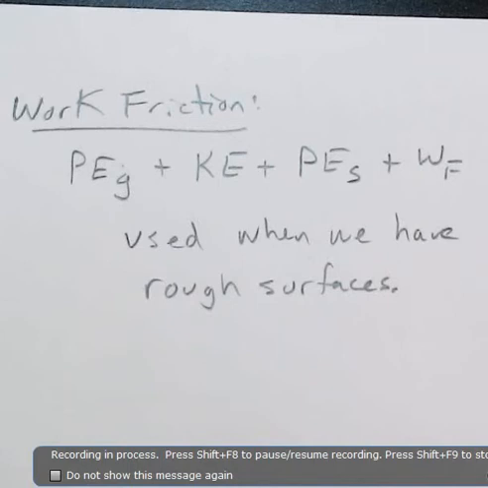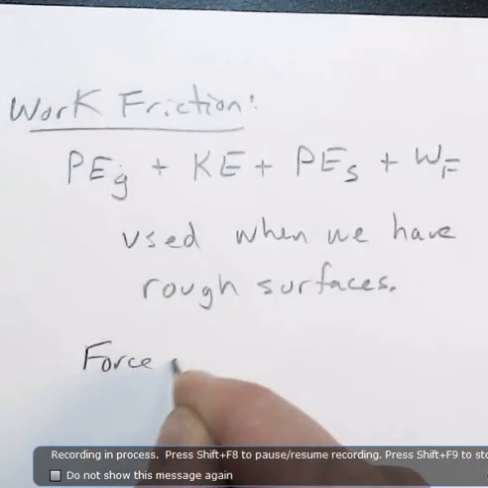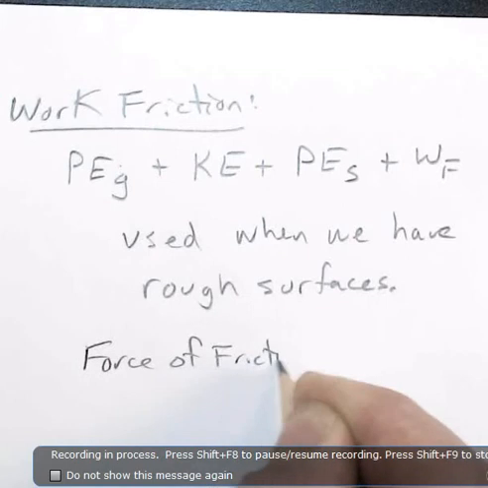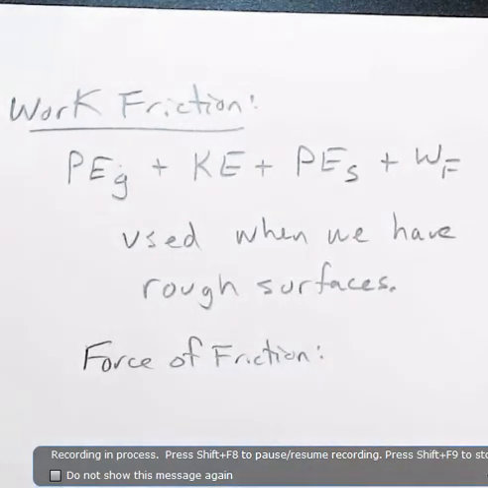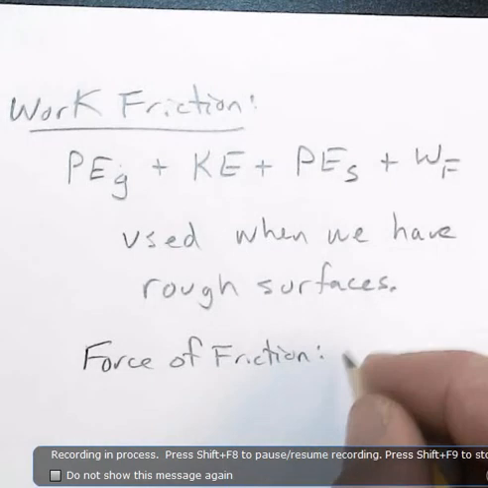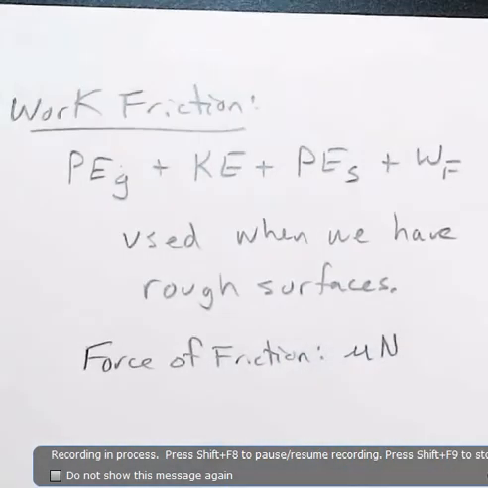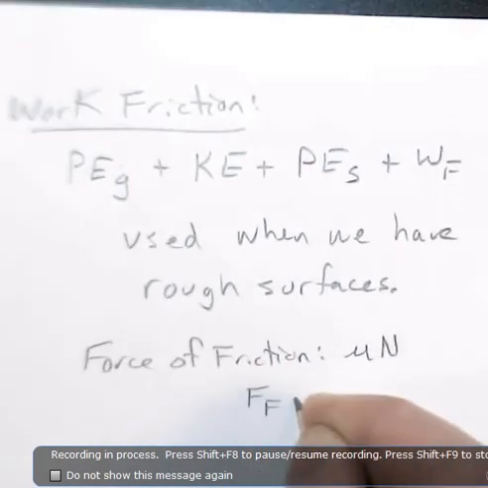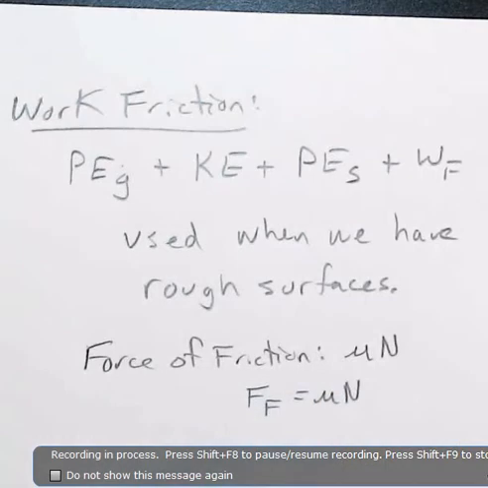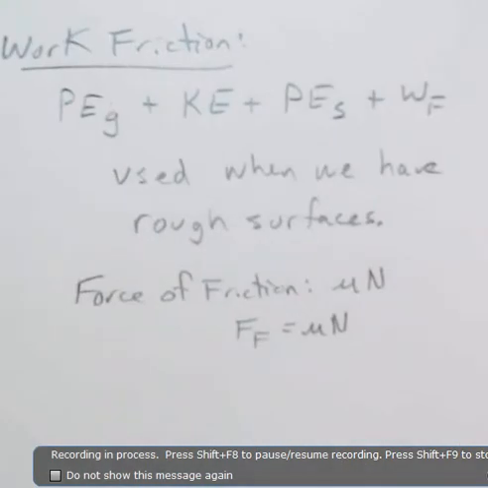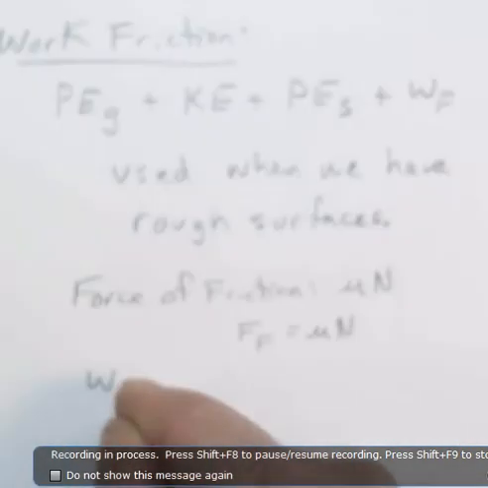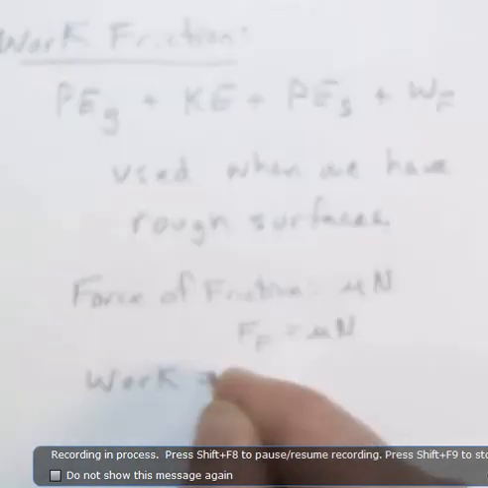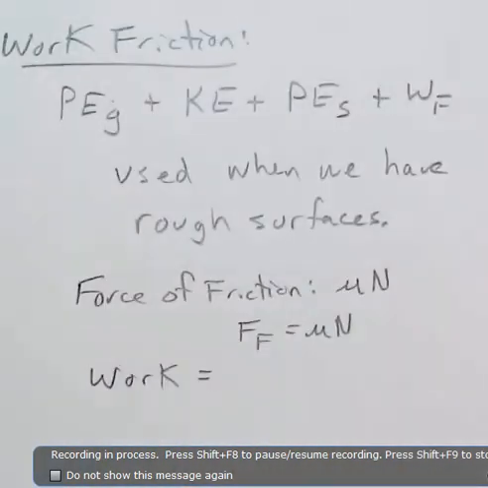Now, the first thing we have to know is about the force of friction. Max told us it's mu normal, just to give Max some props. So the equation we had was force of friction equals mu normal. What do you know about work?